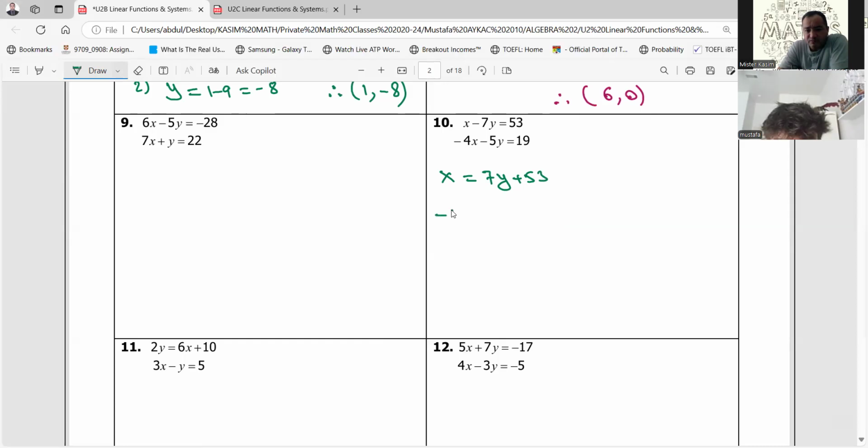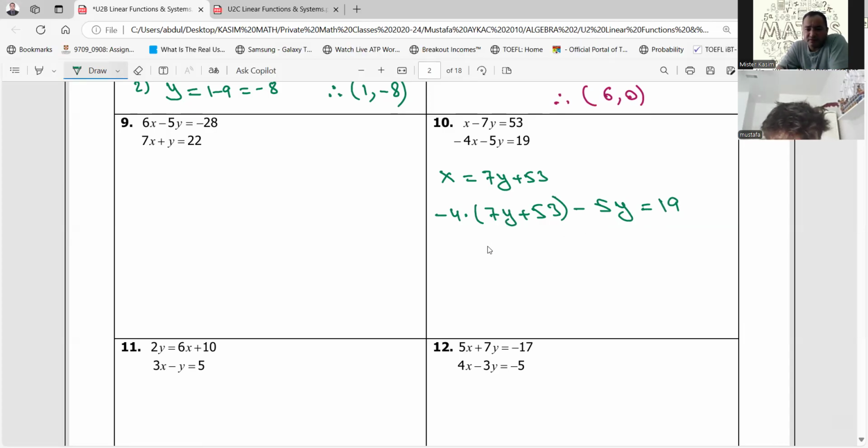So here we have negative 4 times x. What is x? x is 7y plus 53. It is an expression. That's why I'm writing this in parentheses. Minus 5y is equal to 19. Now distribute and simplify and solve it.